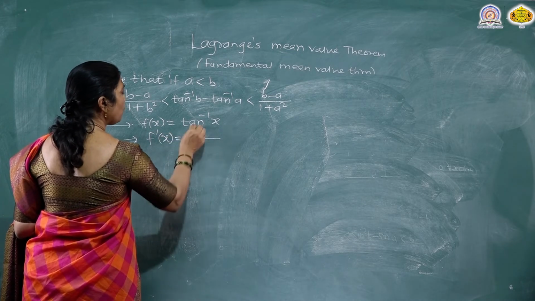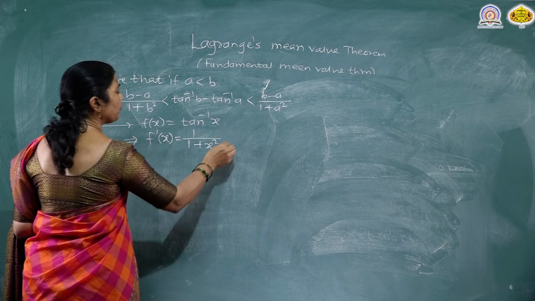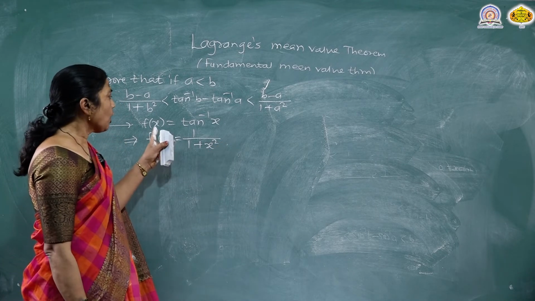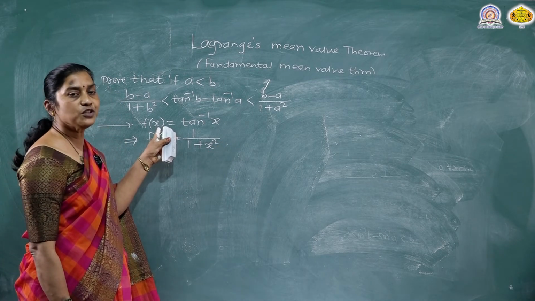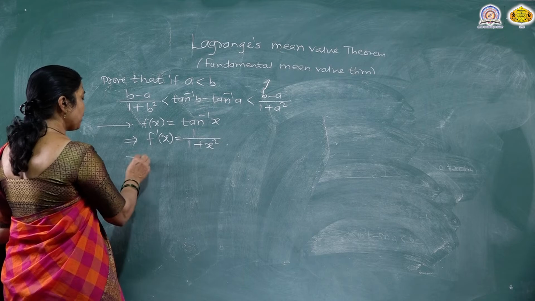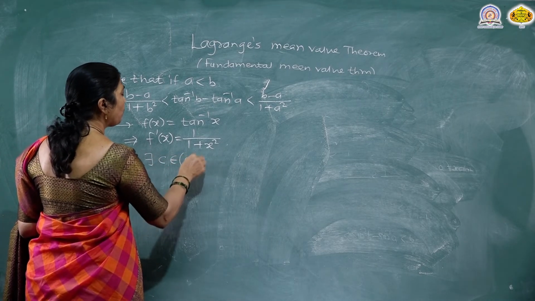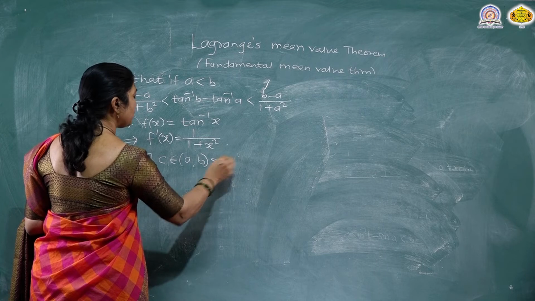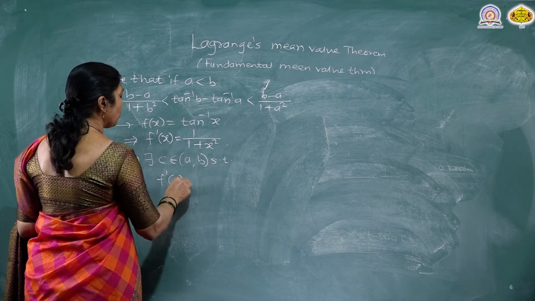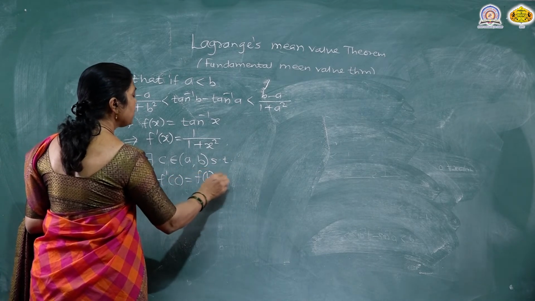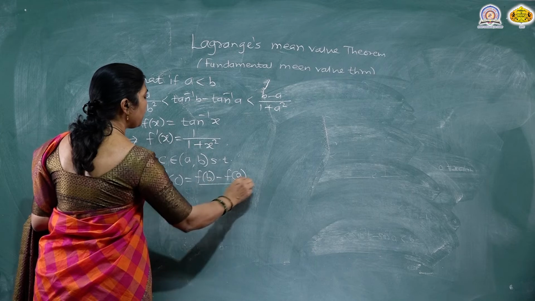What is the derivative of tan inverse x? It is 1 upon 1 plus x square. Now as it satisfies Lagrange's mean value theorem, by the theorem there exists at least one point c in the open interval (a, b) such that f dash c is equal to (f(b) minus f(a)) upon (b minus a).